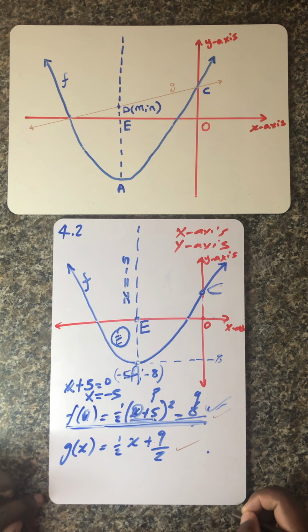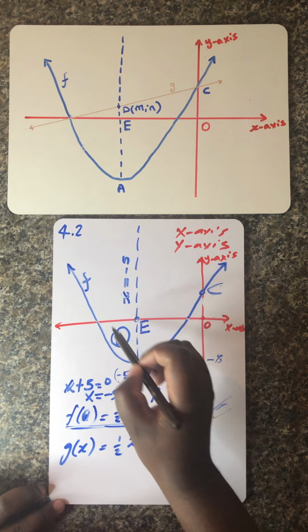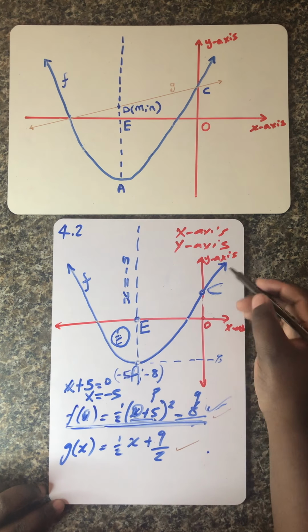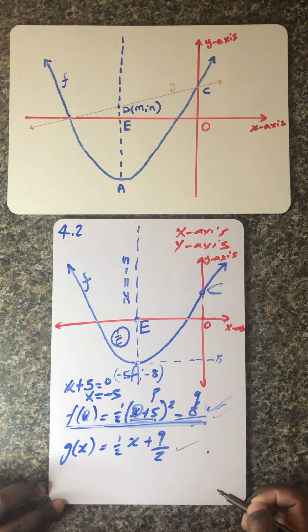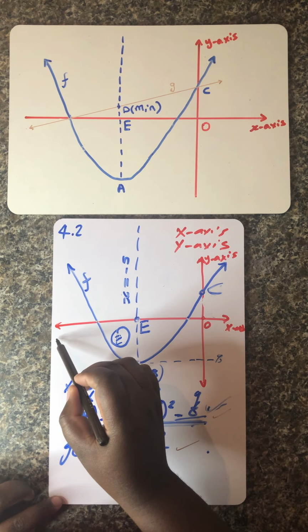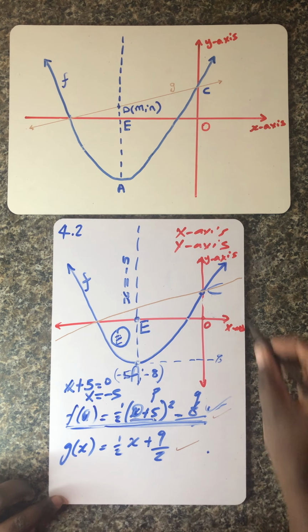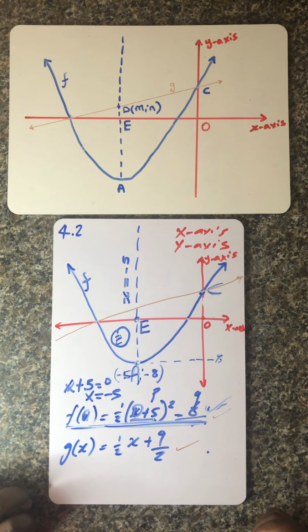Now the second function touches the x-axis there, and again it touches the y-axis there. So you just connect those two points. It might not be a straight line, but I'm sure you fully understand.